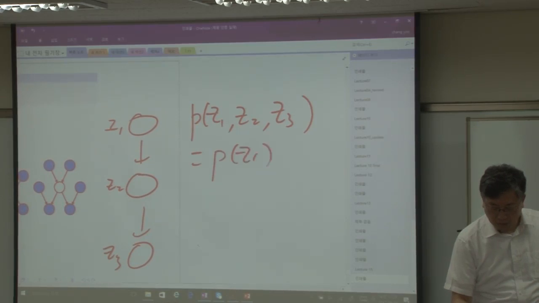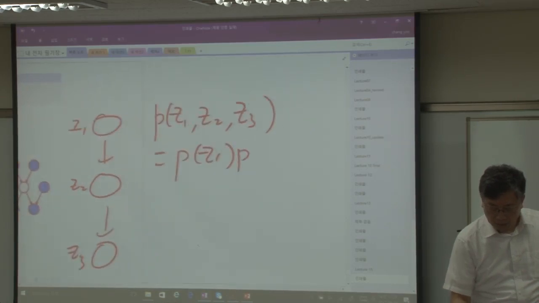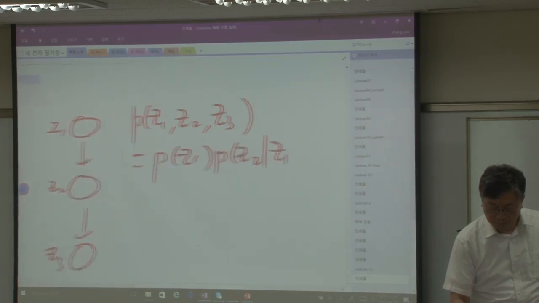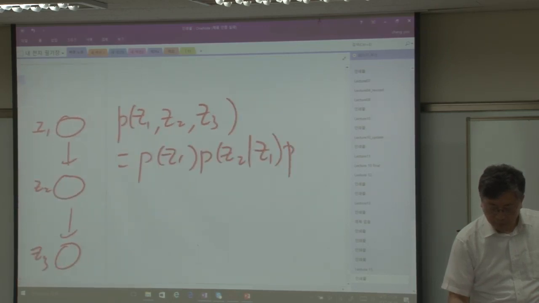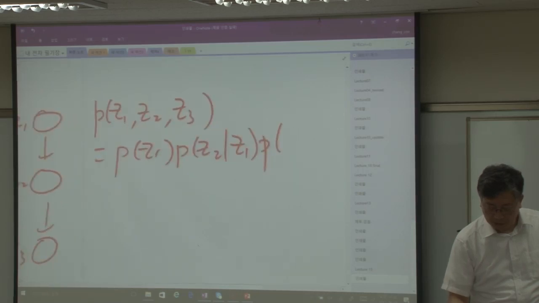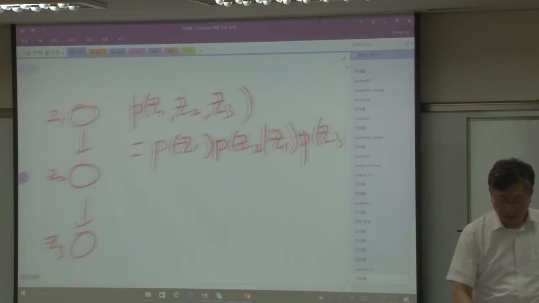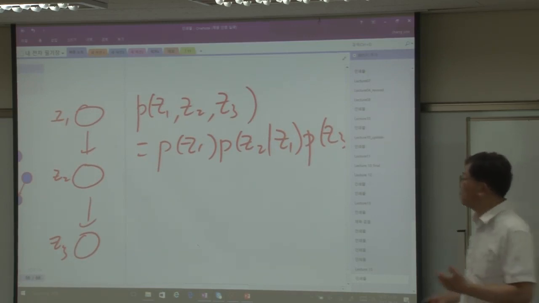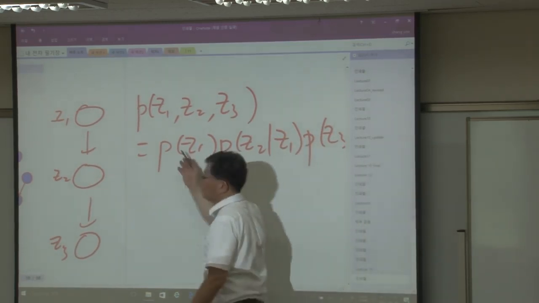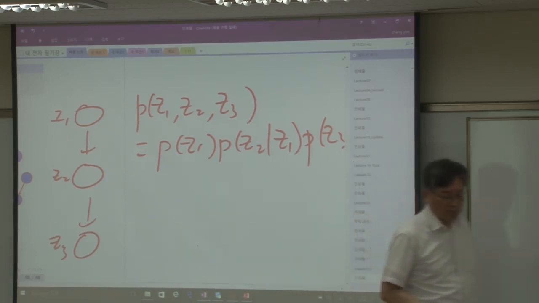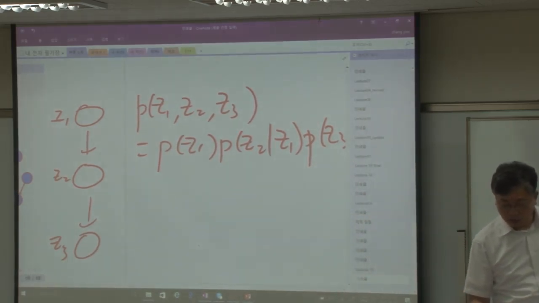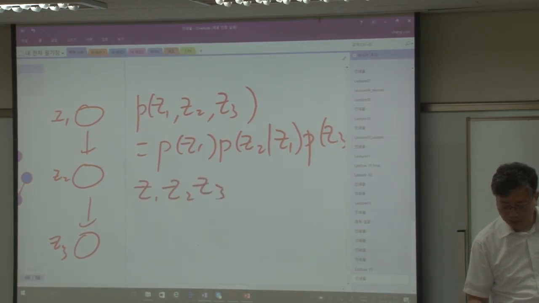P(Z1), P(Z2 given Z1), probability of Z3 given Z2. Okay? If the graph is given, it's given in this form, right? So how do you sample? I need to get samples for Z1, Z2, and Z3. How do I do that?